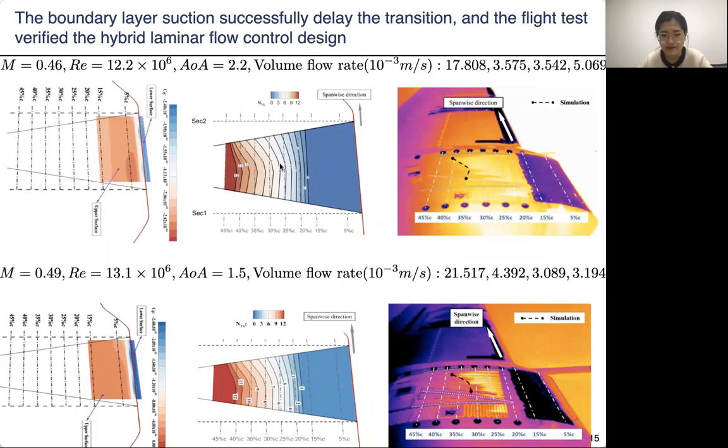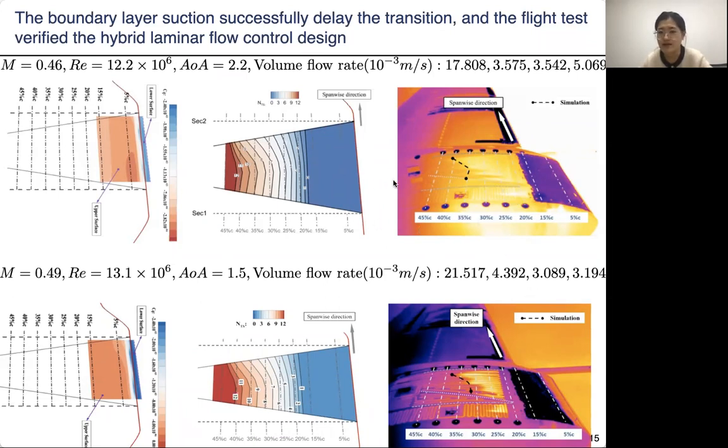We can see from the simulation that the transition line agrees well with the flight test data.